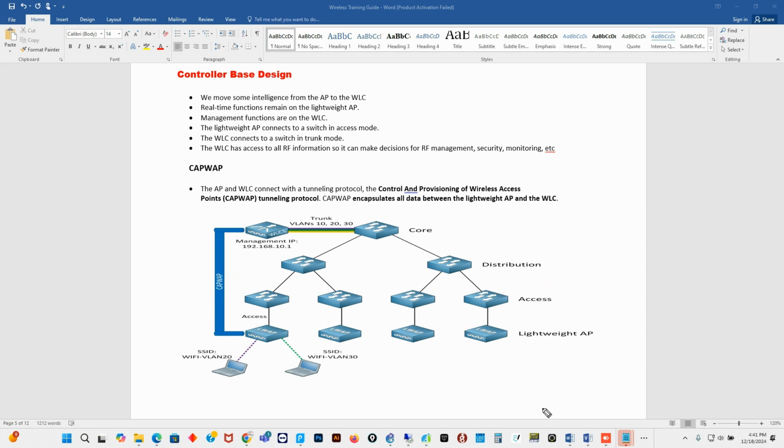So in simple terms, controller based design gives you this capability, but in terms of configuration, the protocol you use to configure this, it's not trunk. With autonomous, you use trunk. But with wireless controller based, you are going to configure them using the AP management VLAN, which when you start working, you have to know what management VLAN they are using for the AP.